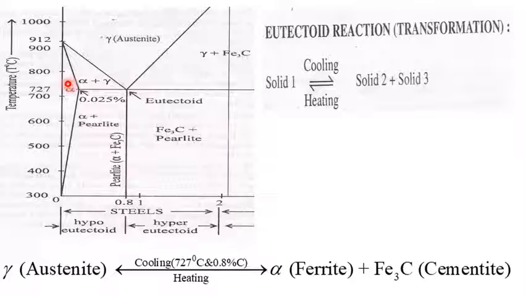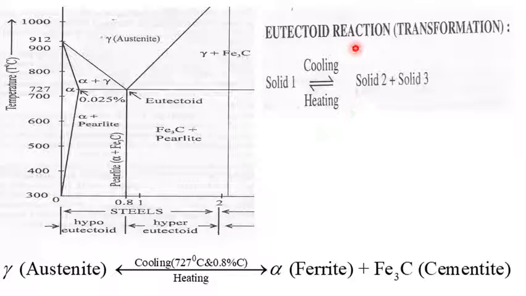The maximum solubility of carbon in alpha iron is restricted to 0.025% at 727 degrees Celsius, and it decreases to almost 0 at room temperature.